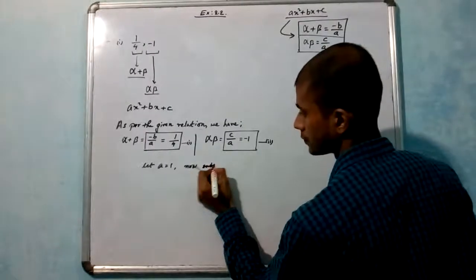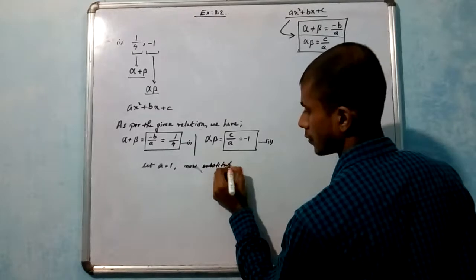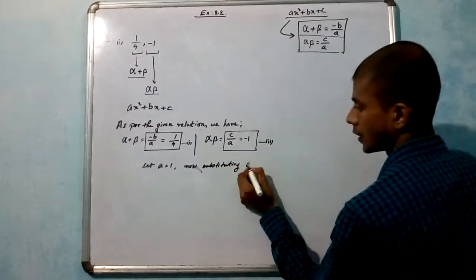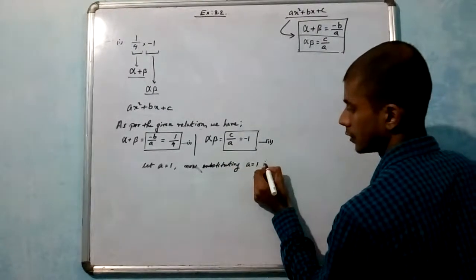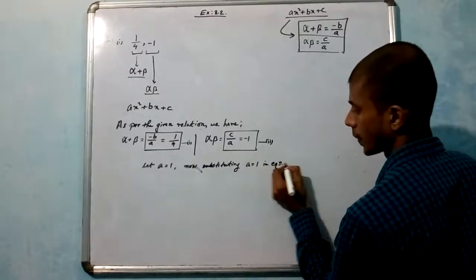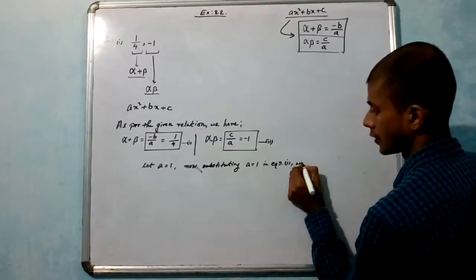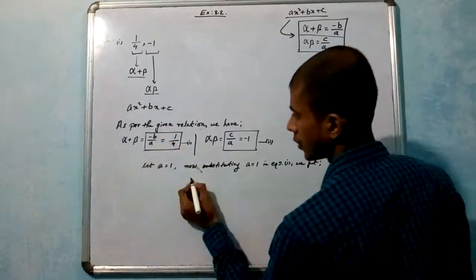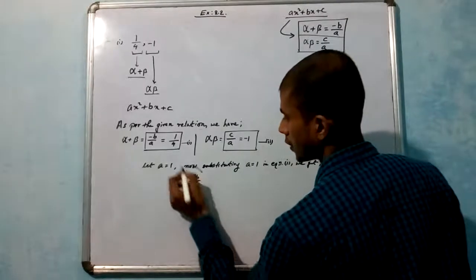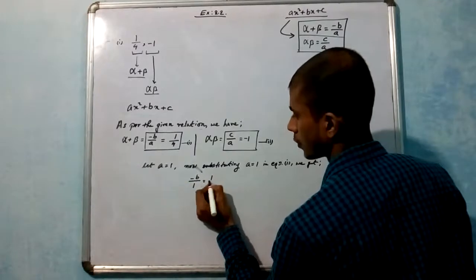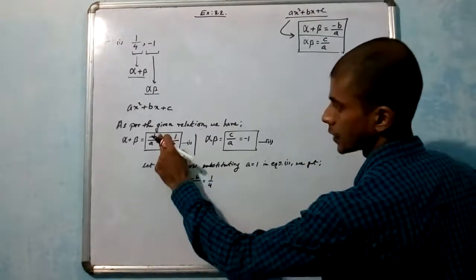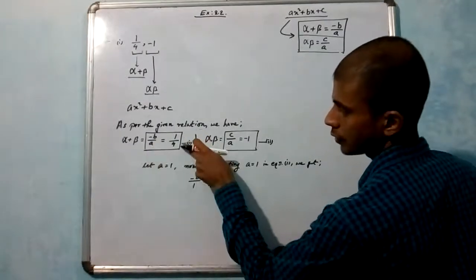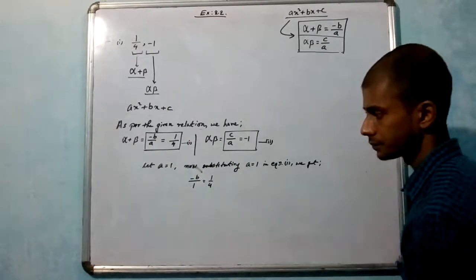Now substituting a is equal to 1 in equation 1, we get what we will get. Substitute here, minus b by 1 is equal to 1 by 4. Okay.